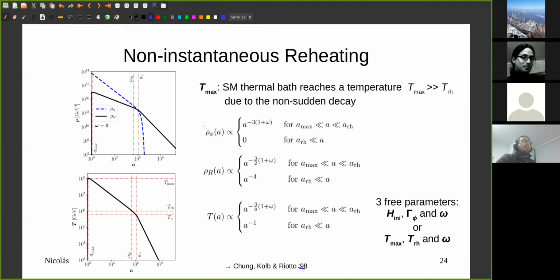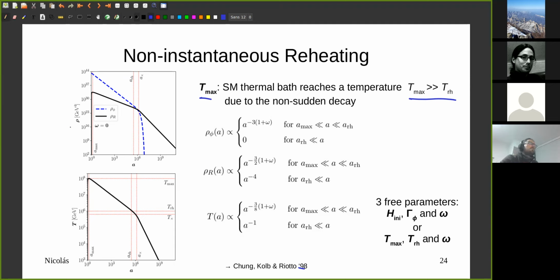And this maximal temperature is called Tmax, surprise, surprise, and corresponds to the maximal temperature that can be reached by the standard model, which is typically much higher than the reheating temperature. And you can see this just in the case of a non-instantaneous decay of the inflaton.